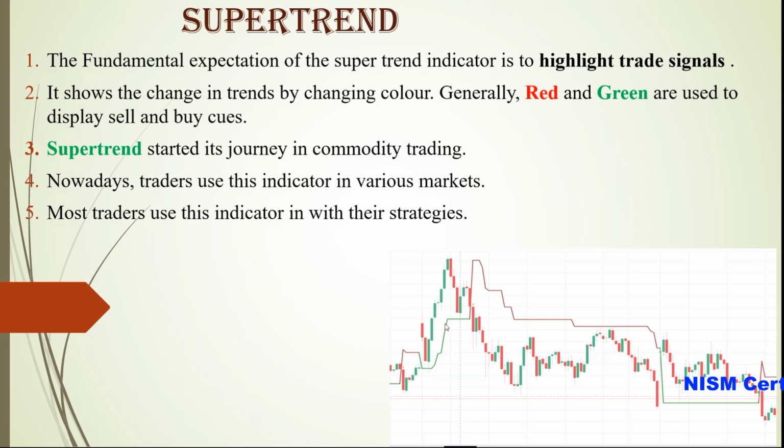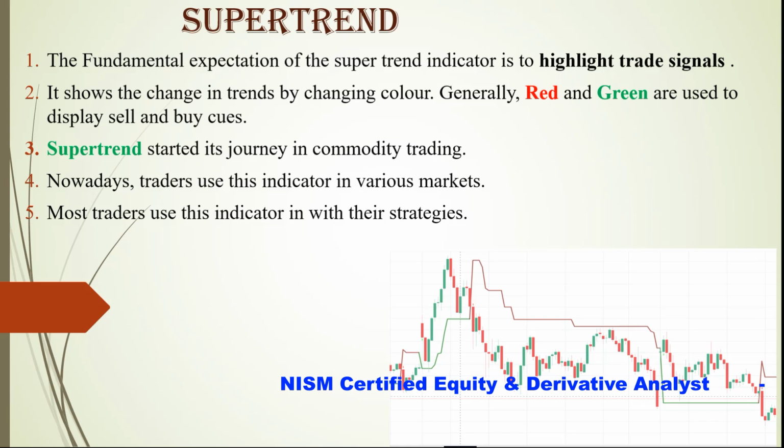So we can see in this picture below, here the color is green and here the color changed to red. Above this green level, the particular stock or instrument stays bullish, and when the price is below this level, it shows that the overall trend is bearish. Red and green are used to display the sell and buy cues.